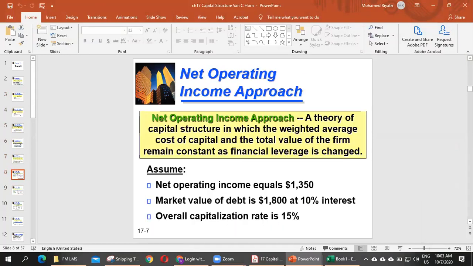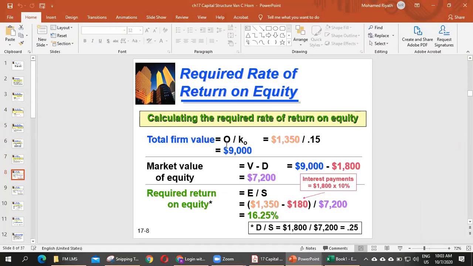Right. This is the formula to calculate value of the firm. Value of the firm equals operating profit divided by overall cost of capital.